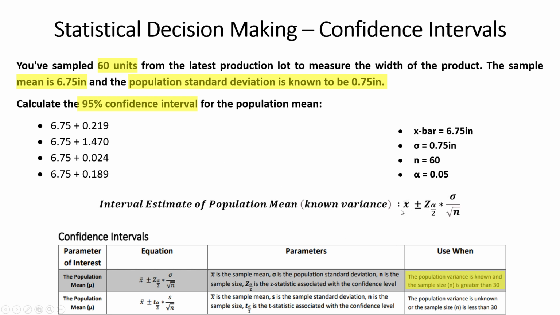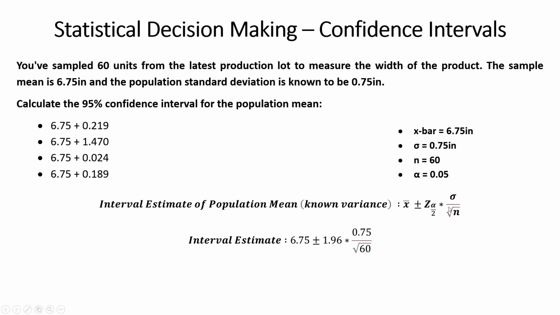So let's take this equation, X bar plus or minus a z-score times the standard deviation divided by the square root of n, and let's plug in our variables now and calculate the confidence interval. So we know the sample mean 6.75, and then the z-score. So this is the only piece of information that we don't yet have. And essentially what we have to do is translate this alpha risk into a z-score.